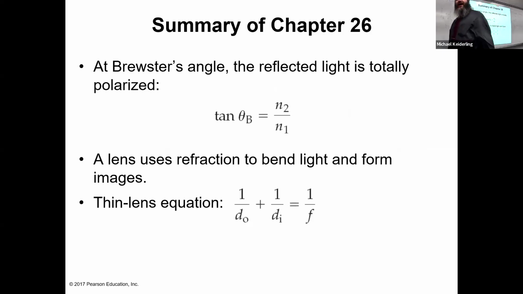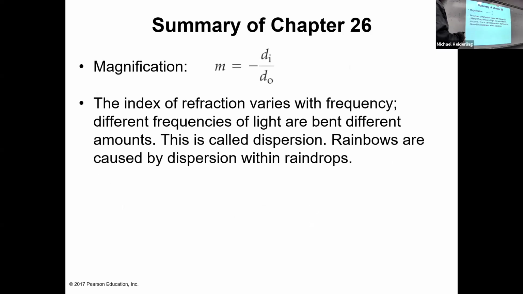And a lens uses refraction to bend light and form images. The thin lens equation is 1/do plus 1/di equals 1 over the focal length. And magnification is -di/do. The index of refraction will vary with frequency. Different frequencies of light are bent different amounts. This is called dispersion. And rainbows are caused by dispersion within raindrops.